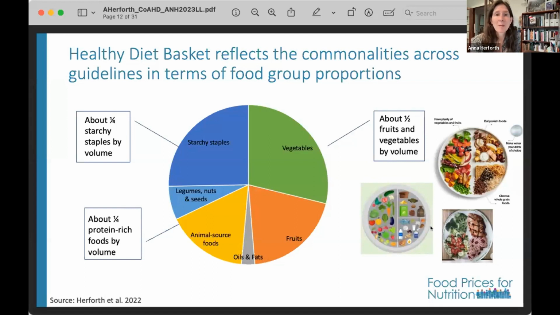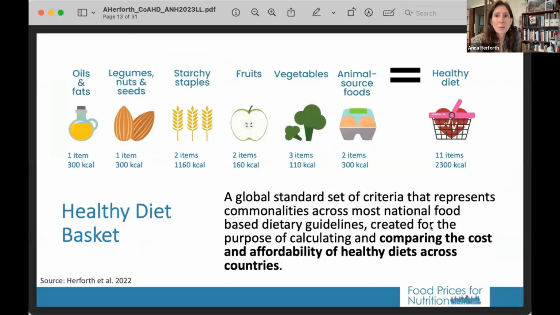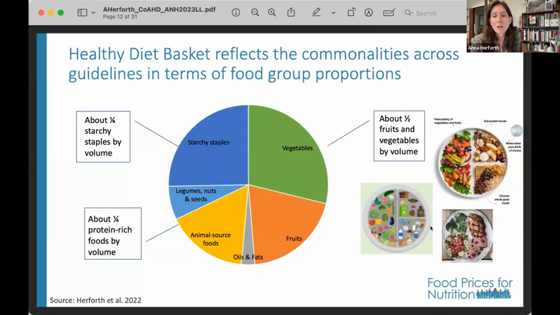And you can see some examples on the side of a few different guidelines that have exactly this proportionality pictured on plates. And although this is shown by volume, we actually use calories as a consistent standard for maintaining proportionality, because the calories per gram can vary between different foods.